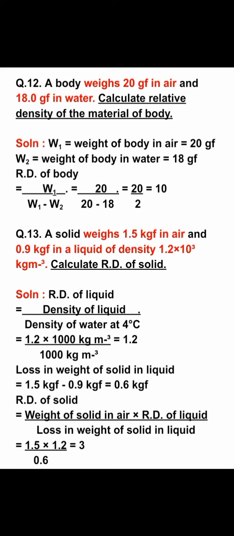Here the formula is changing a little bit because the body is not immersed in water. Whenever the body is immersed in water, like in question number 12, the relative density of the body we calculated as W1 by W1 minus W2. But since it is immersed in the liquid, that is why the formula is changing here.